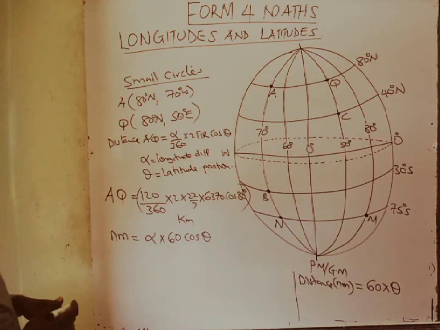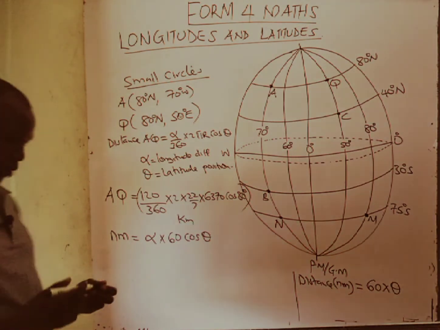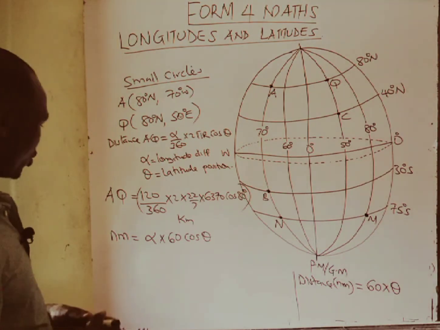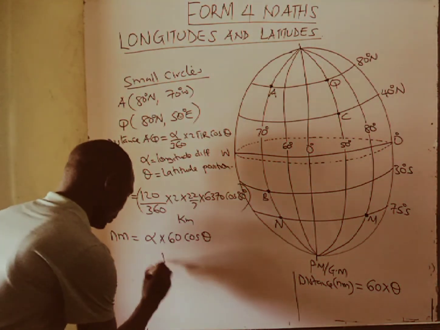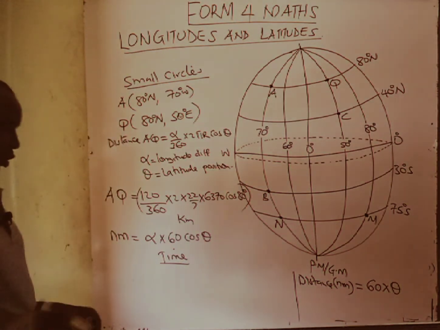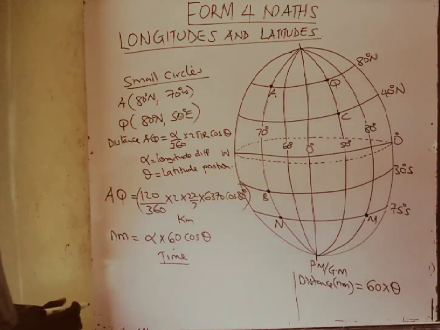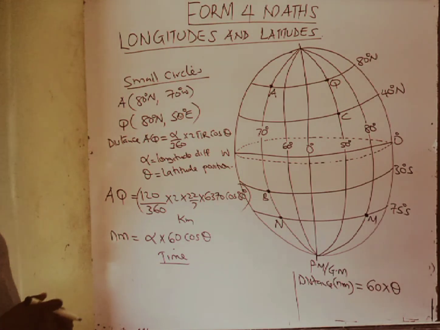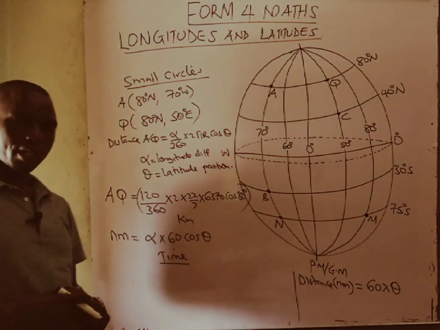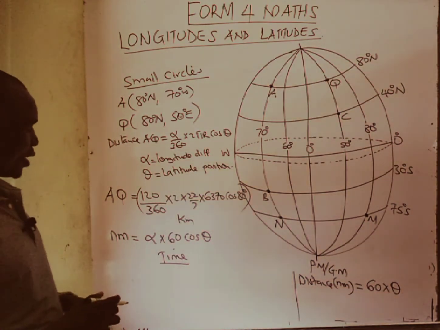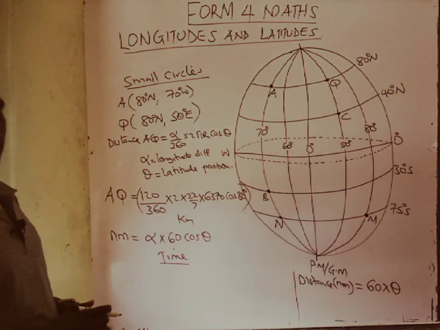Apart from calculating distance between any 2 points on the Earth's surface, you can also be asked something to do with time. What brings about time when the Earth is rotating is the longitude difference. And we know in one day the Earth rotates through 360 degrees. That means in one day, which is 24 hours, the earth covers 360 degrees.